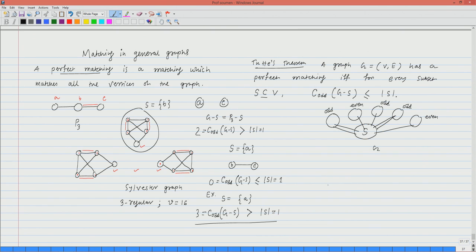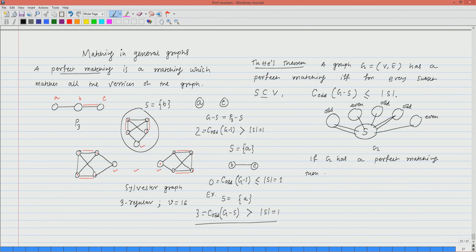Now, imagine that G has a perfect matching.